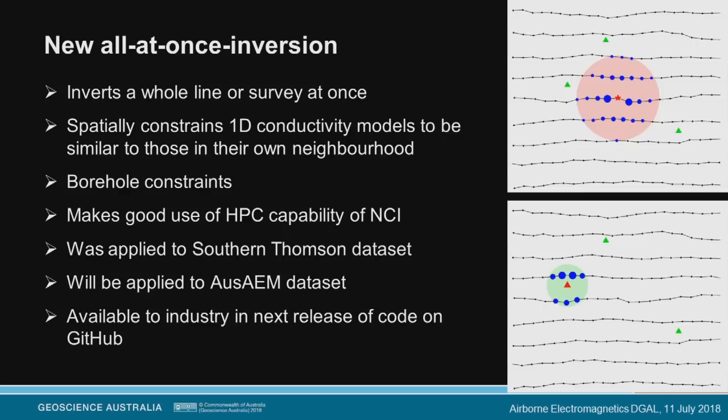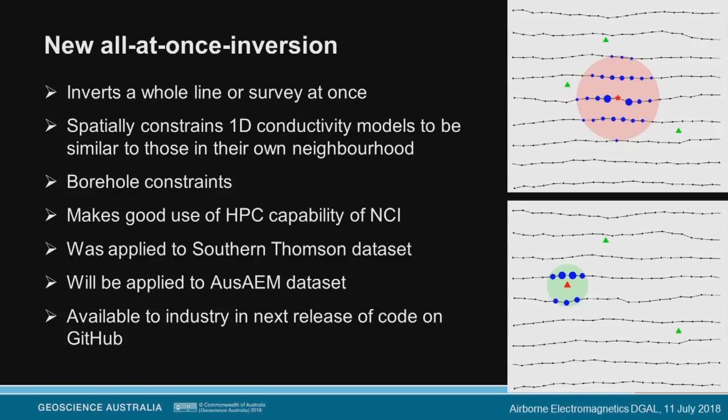So this is a slide from a recent presentation at AEGC. All our conventional inversions, we inverted one sample at a time in the time domain realm.